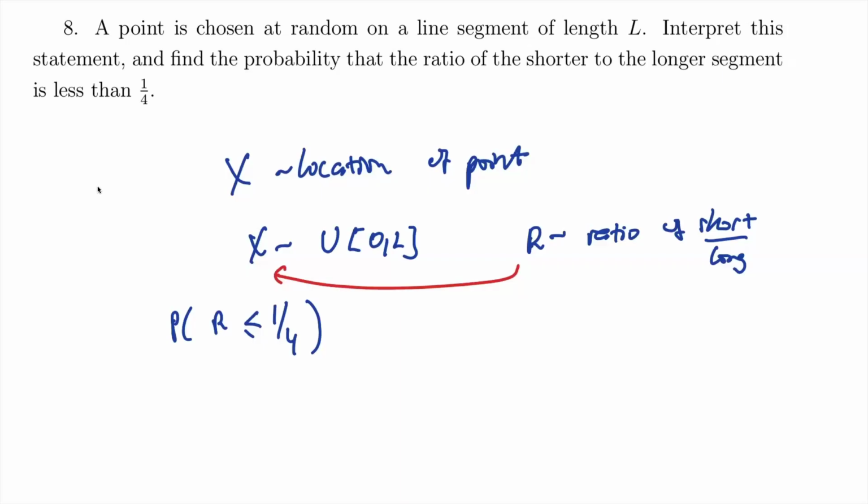This might be wrong, but I kind of implicitly thought about splitting the length into 5 pieces of equal size. If it were to randomly choose just one piece, then that probability would be 1/5, because that's the case where the shorter to longer segment would be 1/4.